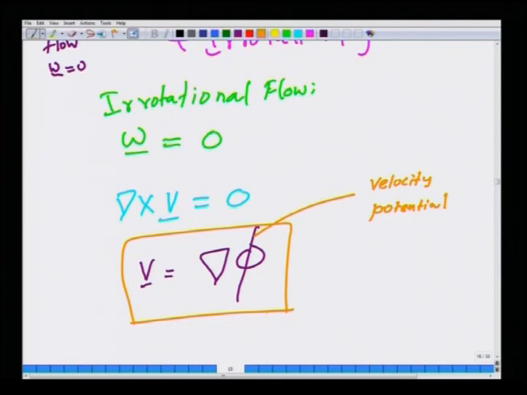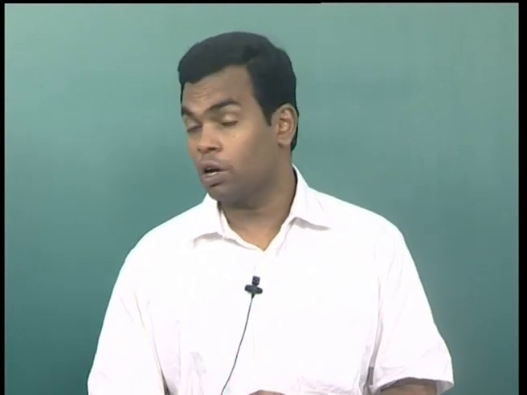Now, what is interesting is that the velocity is a vector, it has 3 unknowns, 3 components, Vx, Vy and Vz in Cartesian coordinates. So, in order to solve for the velocity, you have to solve 3 coupled equations, Euler equations, okay, in general. But if the vorticity is 0, then instead of solving for 3 velocity components, you can merely solve for 1 function.